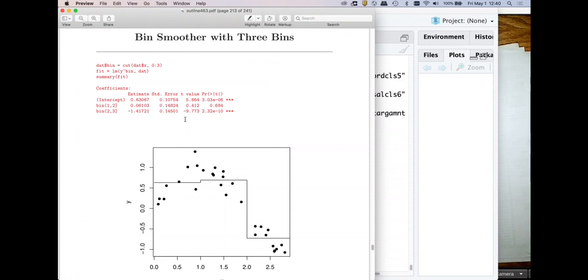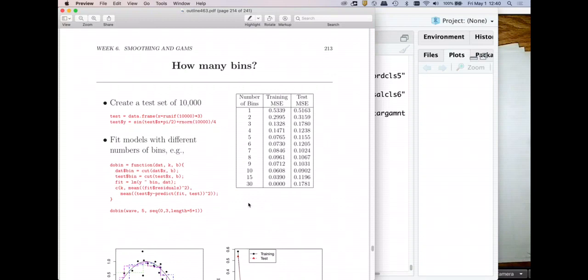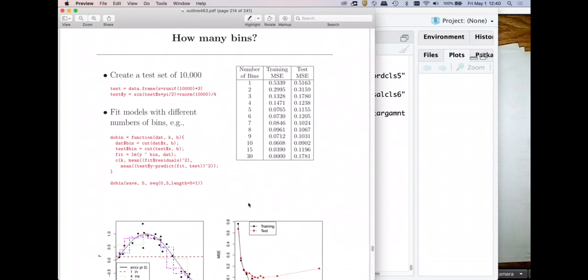The next question is, how many bins do I need? If I have too many bins, I'm going to follow the noise in the data. And if I have too few bins, the function is going to be too rigid and not capture the nonlinearities. The way to handle this is we could have a test set. Notice what I've done here. I've generated myself a massive test set with 10,000 observations from exactly the same function.